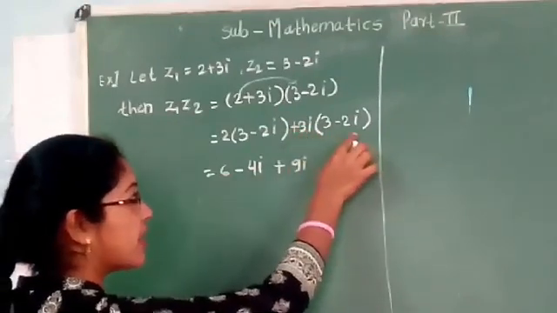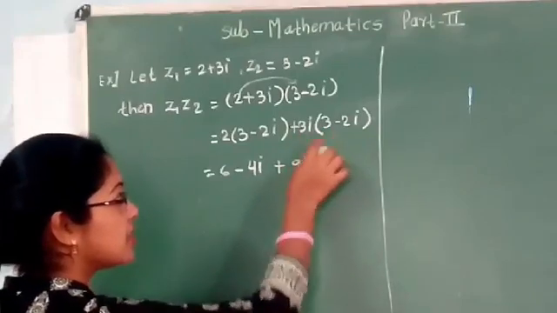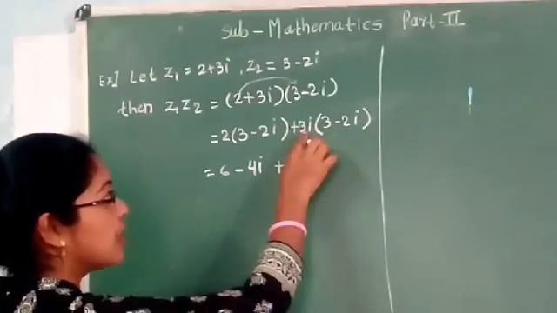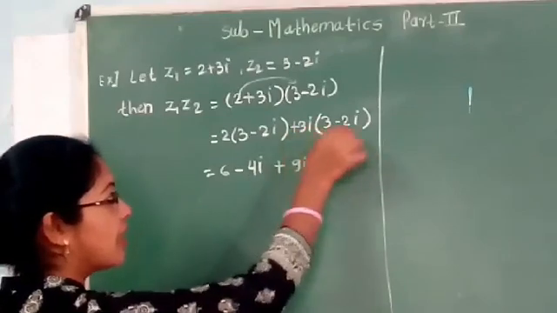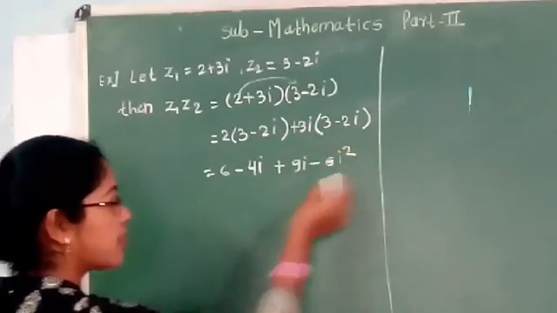Then 3i into minus 2i: 3 into 2 is 6, with minus sign, and i into i is i square.